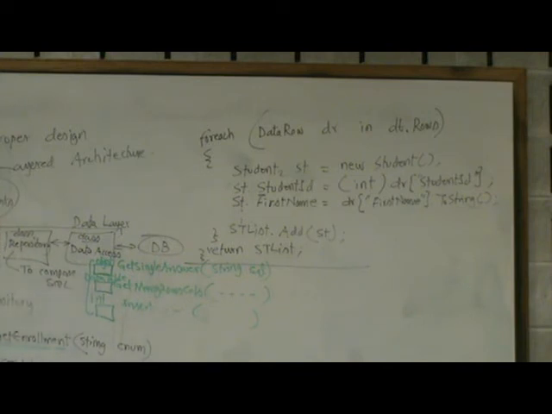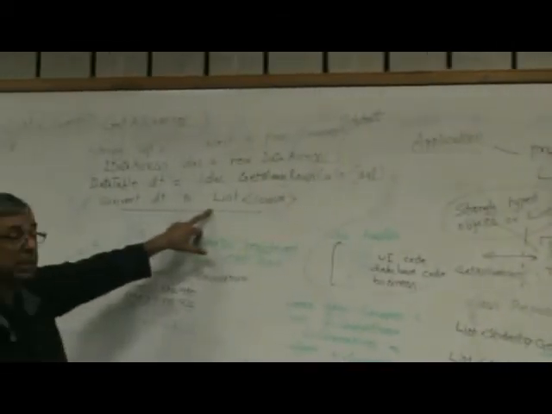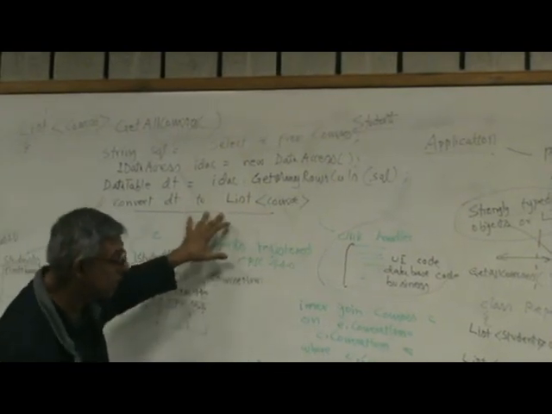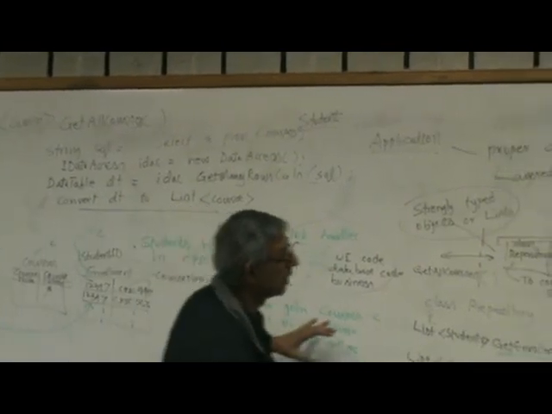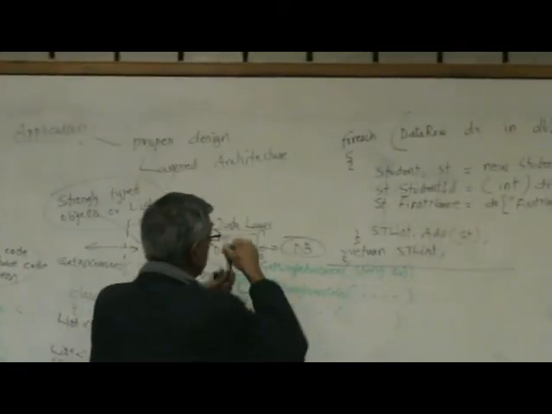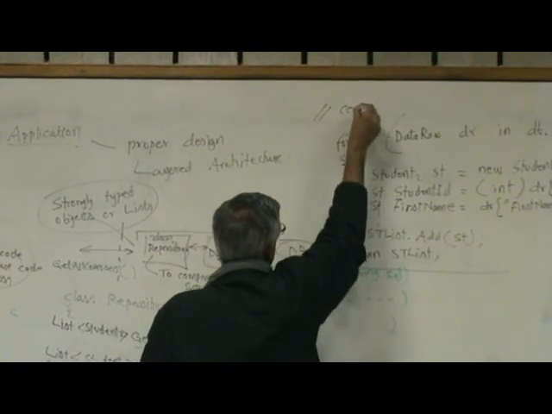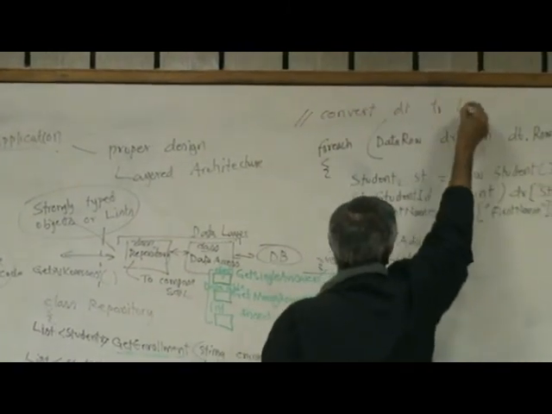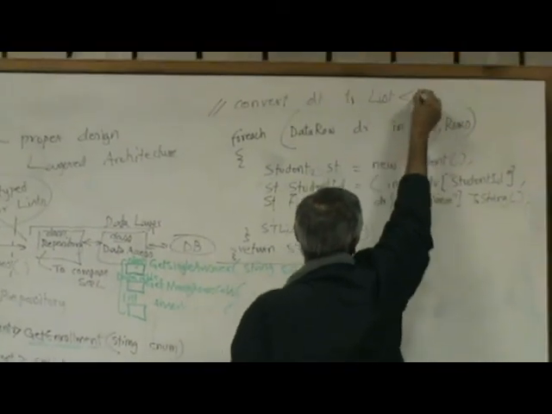Okay? So the question is, how do we convert DT to any list? For example, what was the difference between here and this part over here? Here, what were we converting the DT to? List of students. Convert DT, which is the data table, to list of student, correct?